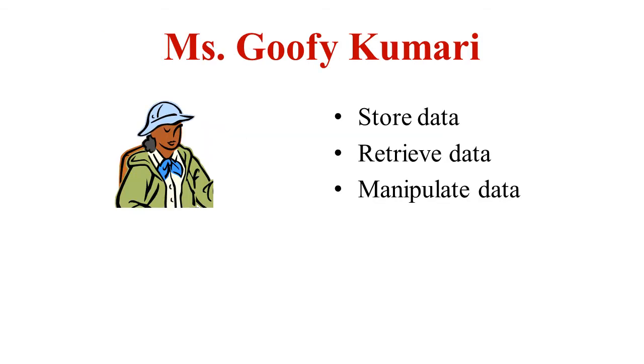Now, let's introduce this character, Miss Goofy Kumari. Here we are representing this as Goofy Kumari to understand the concepts of a programming language. And basically, we are going to talk about three main parts. One is to store numbers. Second is to retrieve data, and third is to manipulate the data that we have stored in our memory.